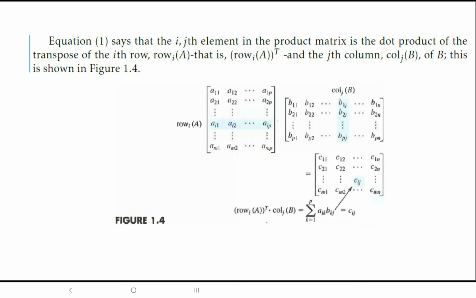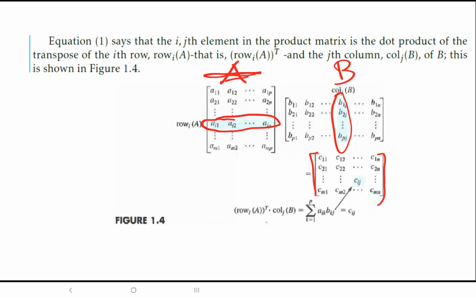Okay, mas madali siya makita I think dito sa picture. So, what I mean is this. Suppose that ito si A, and then ito si B. Kung kukunin natin yung mga entry nila, kailangan mo lang i-dot product ito. For example, hanapin natin yung C sub ij. Kukunin natin yung jth column ni B, at saka ang ith row ni A, and then i-dot product natin.